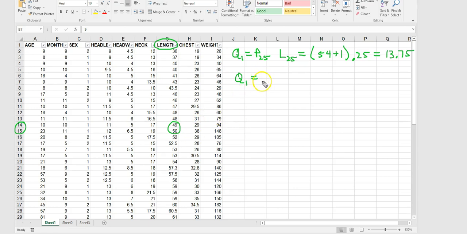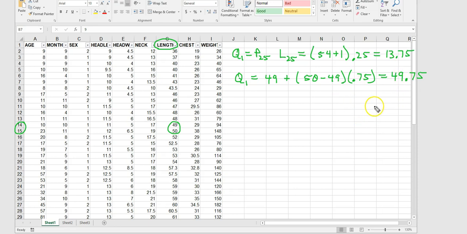So Q1 is going to be 49 plus 75% of the distance between 49 and 50. Or if we look at 50 minus 49 times 0.75, of course this is just 0.75, we get 49.75, and that is Q1.